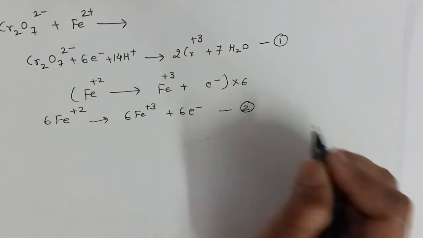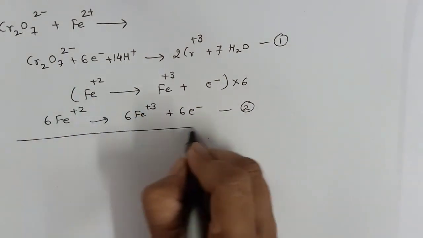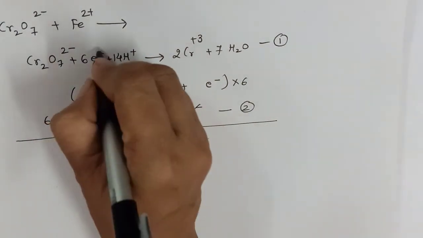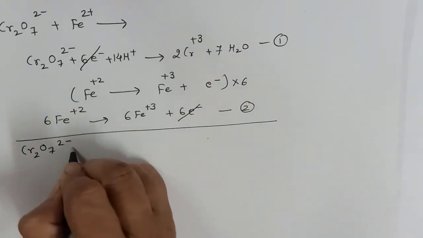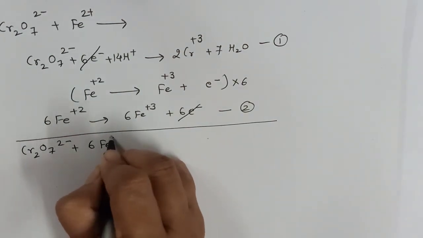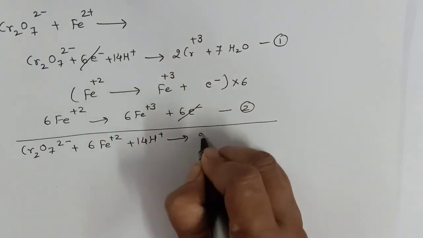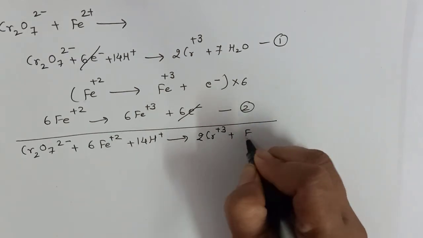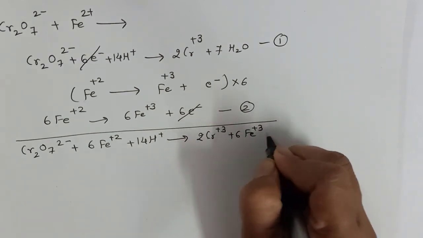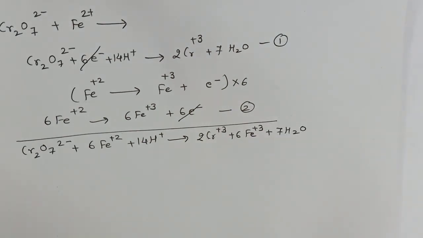Now we will label it as number 2. We will add equations 1 and 2. So these 6 electrons get cancelled out. Cr2O7 2 minus plus 6 Fe plus 2 plus 14H plus gives 2 Cr plus 3 plus 6 Fe plus 3 and 7H2O. This will be your final answer.